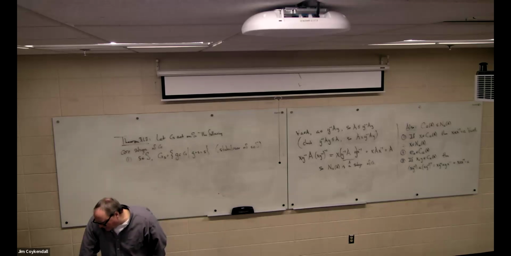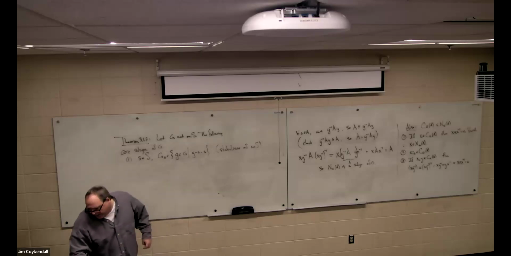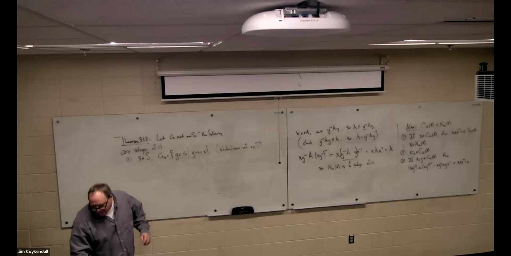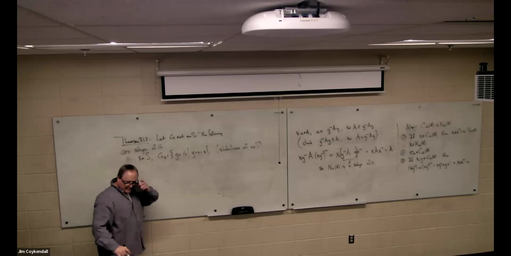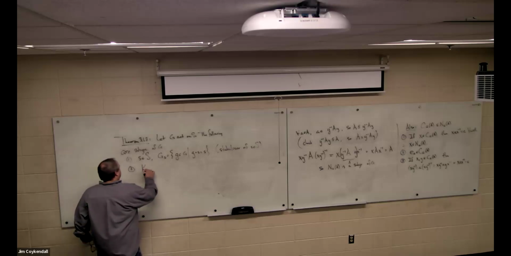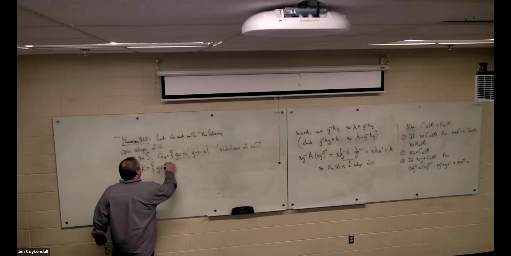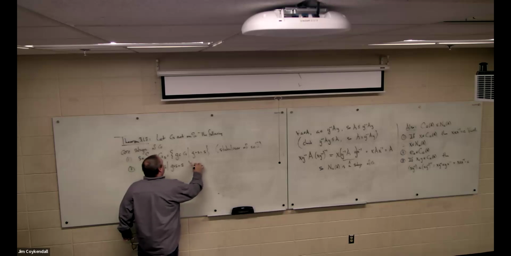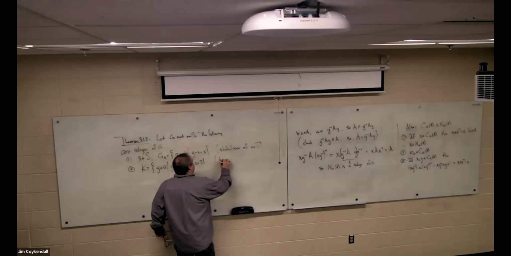This is called the stabilizer of the element s, right? So it's just everything in the group that leaves s alone. And more ambitiously, I'm going to call this K. This is the set of g in G such that g leaves s alone for all s in S. This is called the kernel of the action.